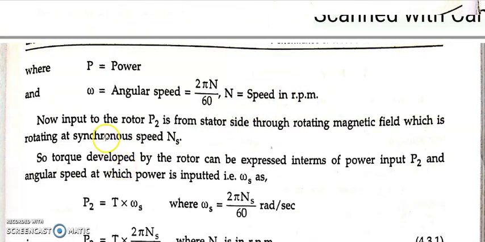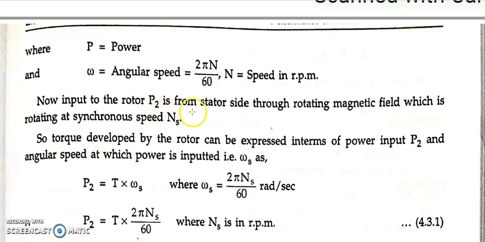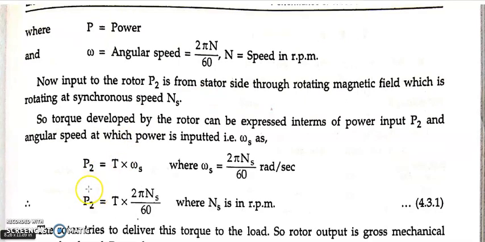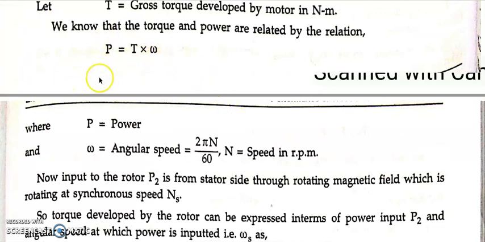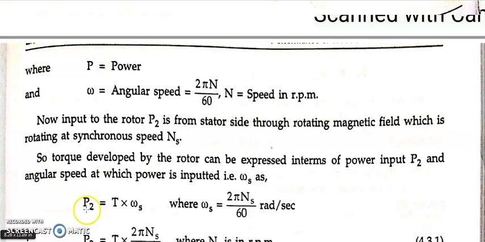Okay. Now again we know that P2 is from the stator side. Means stator output is nothing but rotor input, right? So I am going to define one more formula for that, similar to that, just a general formula. With respect to this formula, we are going to write the formula with respect to P2.